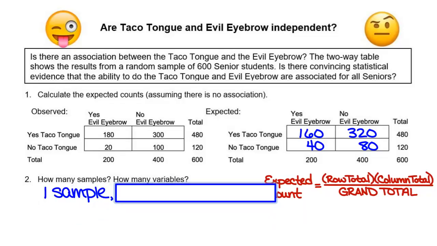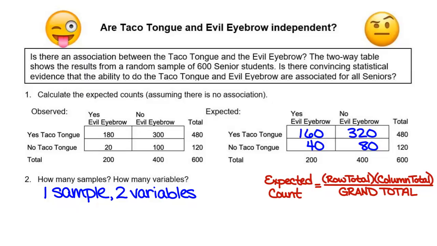How many samples were taken? One sample was taken. How many variables were measured for that one sample? 2 different variables. One sample, 2 variables.